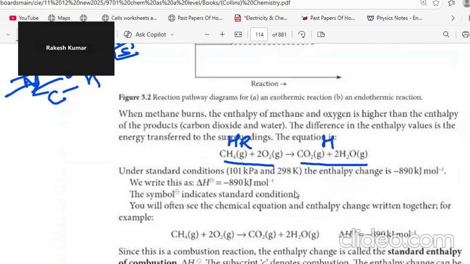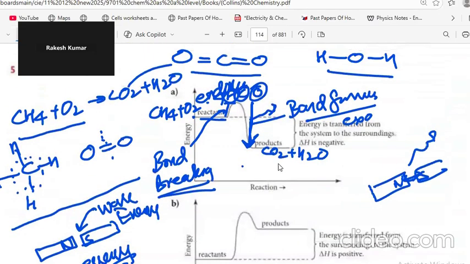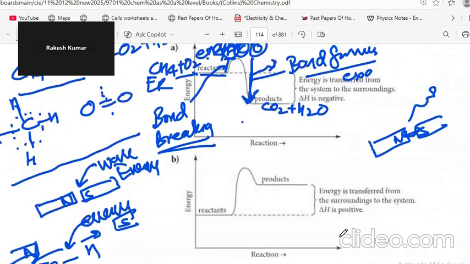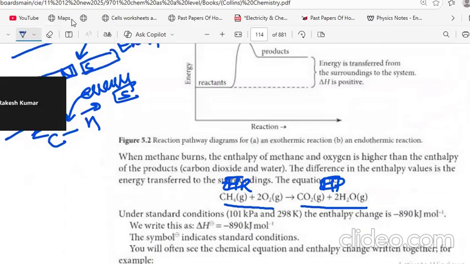This has got some energy, I call it the energy of the products, which, if this is giving out energy, naturally the energy of the reactant is more. I'll call this ER. It's called enthalpy, a term you will learn in the next class. I'm not going to try to confuse you. So ER and EP. EP is less.